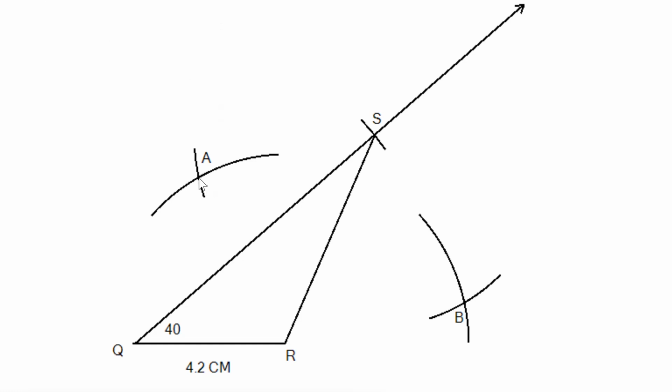AB is the perpendicular bisector of SR. Show the line with arrowheads, extending on both sides.